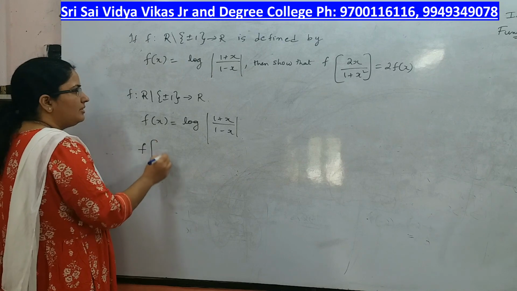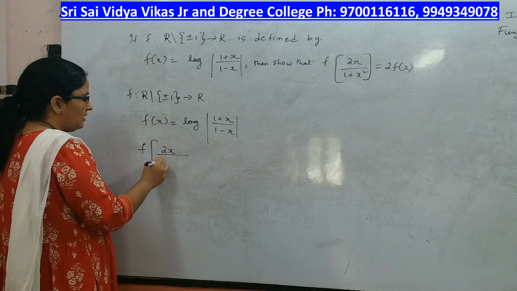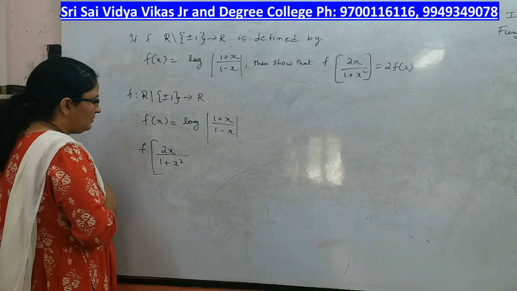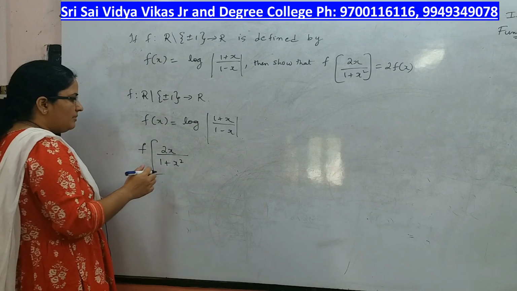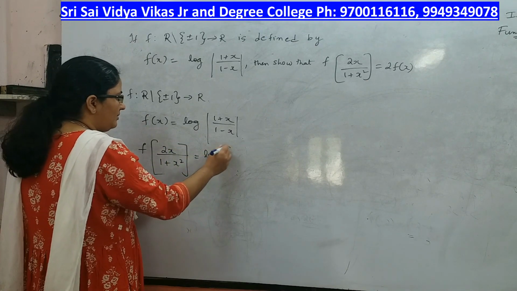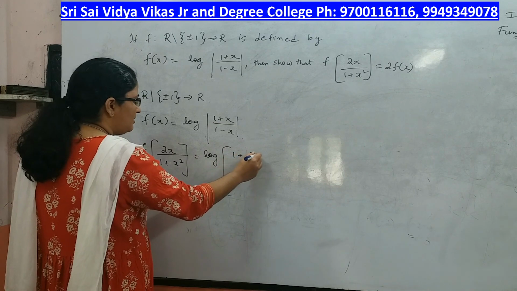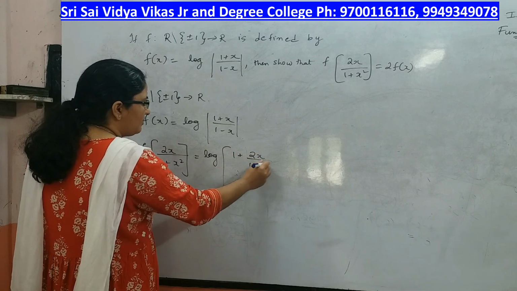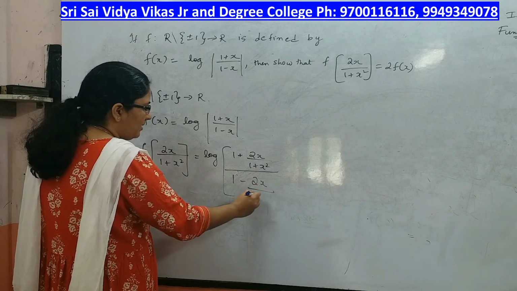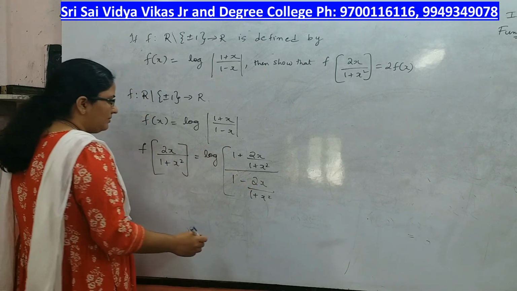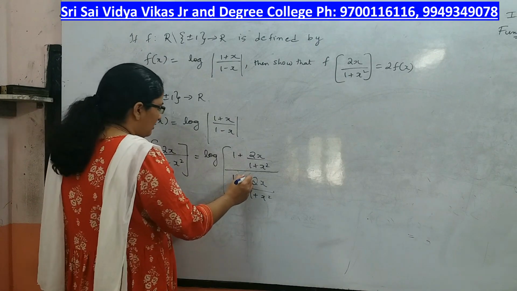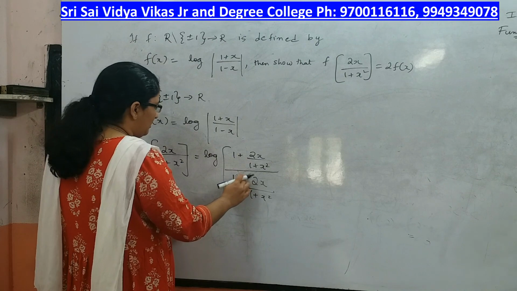F of 2x by 1 plus x square is equal to log of 1 plus 2x by 1 plus x square, by 1 minus 2x by 1 plus x square.